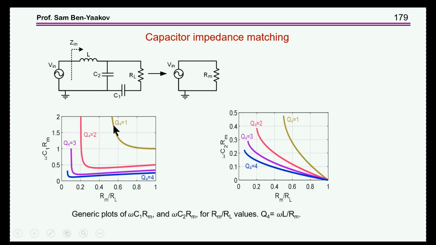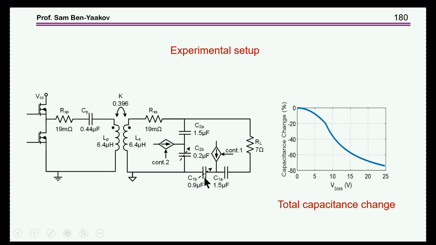So here comes the idea of using, for the matching, a variable capacitor. So by changing this capacitance, you can match it better to the load and get higher efficiency, or the efficiency that you wish.